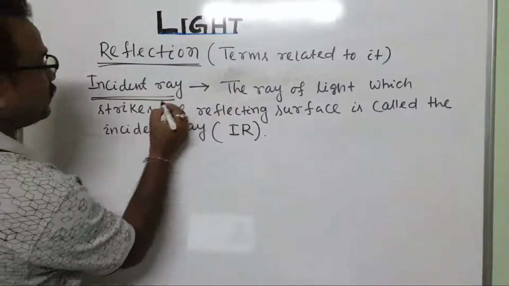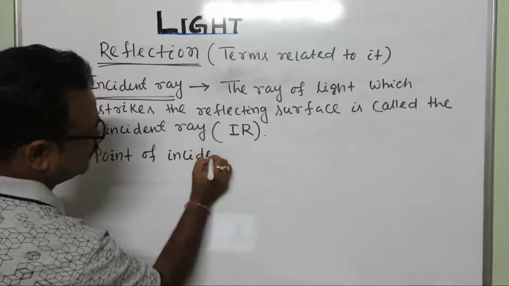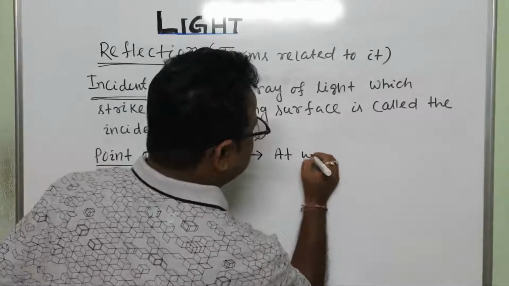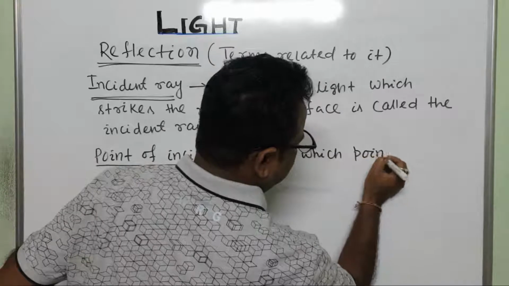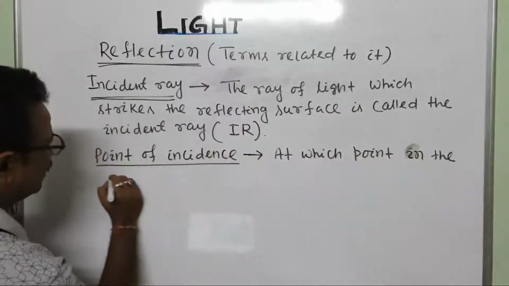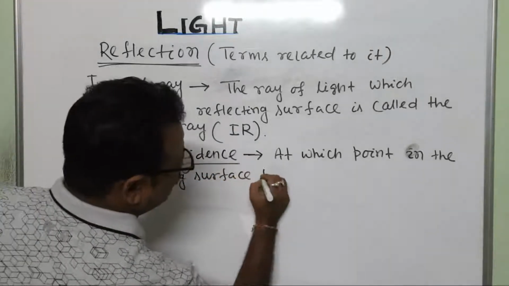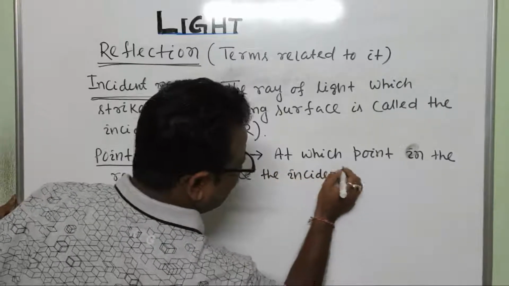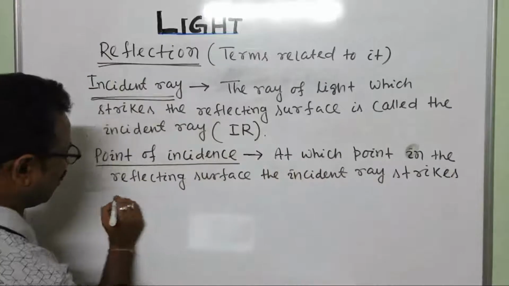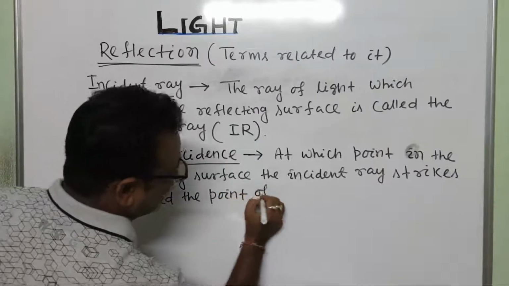Now after incident ray, the point of incidence. At which point in the reflecting surface the incident ray strikes is called the point of incidence.